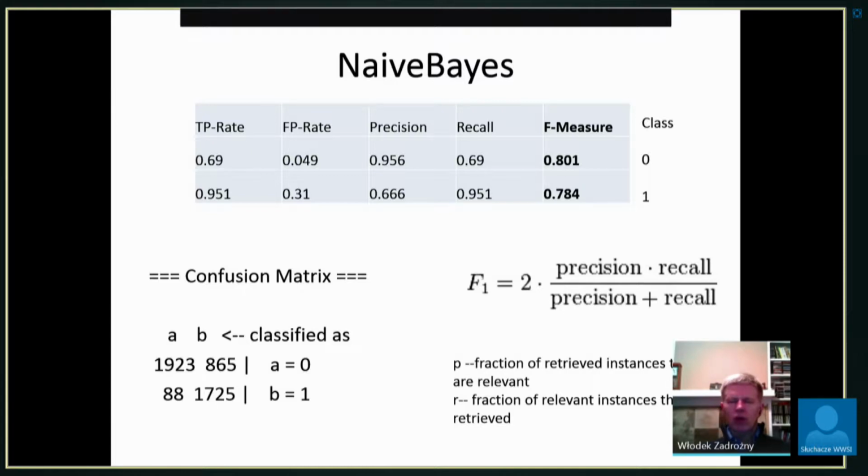The F measure, if you remember, is computed by multiplying precision times recall, dividing by precision plus recall, and multiplying by 2 to get something that varies between 0 and 1. Okay? And precision has been defined as the fraction of retrieved instances that are relevant, so correctly retrieved, and recall is the fraction of relevant instances that are retrieved.